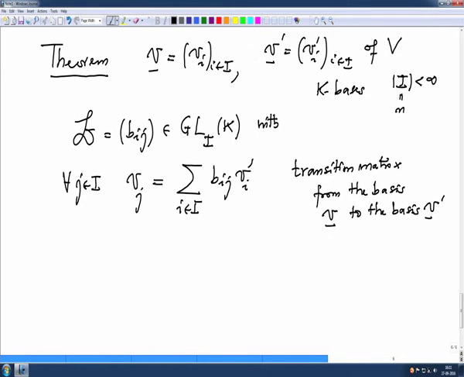See, it goes V, it transforms V's into V primes.